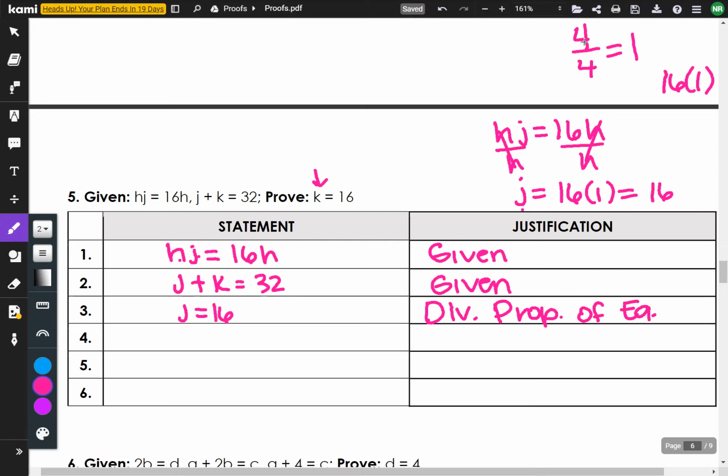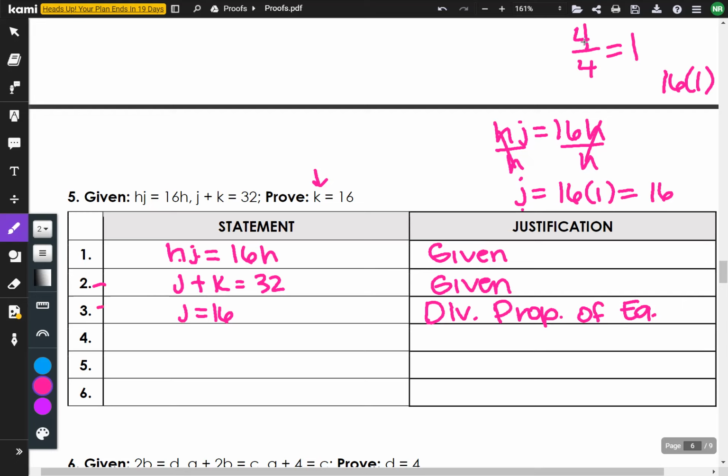Solving multiple variable equations, that is a literal equation, so that would be something that you should learn in algebra. h divided by h cancels out, or it equals 1. 1 times anything is itself, okay?